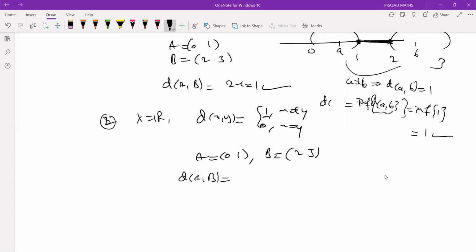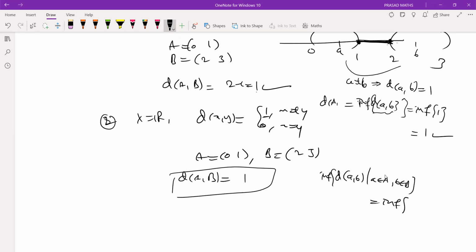Therefore, the distance between A and B is 1. Is it clear?